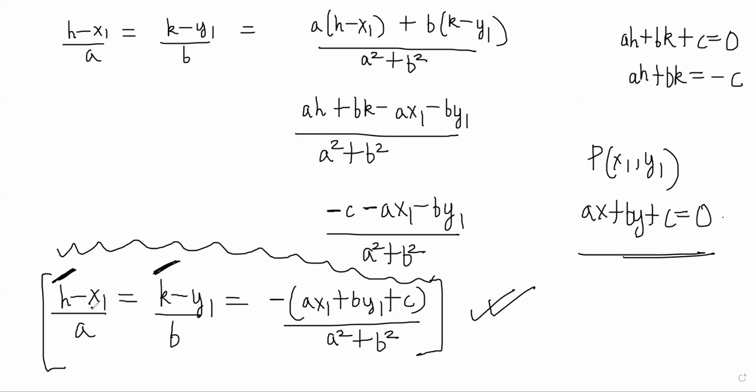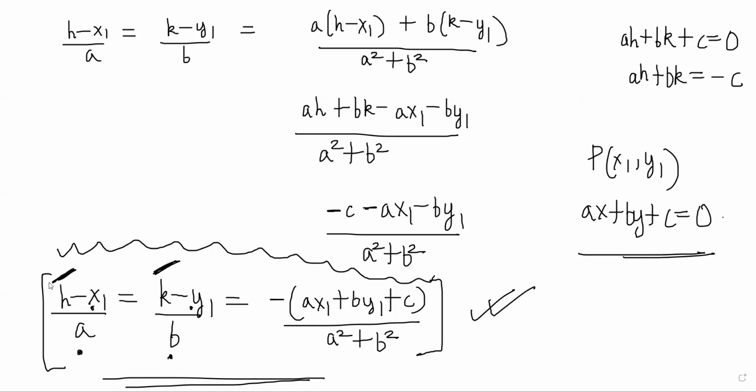Now x1 is known here, a is known, y1 is known, b is known, and the whole thing on this side, ax1 plus by1 plus c by a square plus b square, is completely known. So therefore you should be able to find h and k from here. So please try and remember this. This is super important and you'll be using it many times. Foot of the perpendicular from a point to a line. How to find that, right?